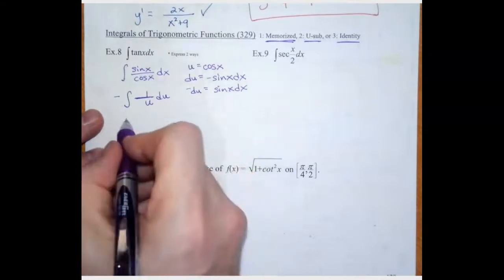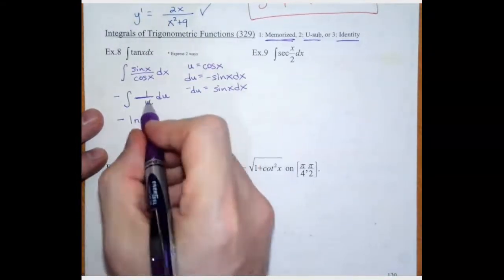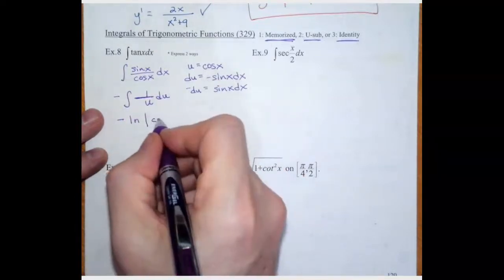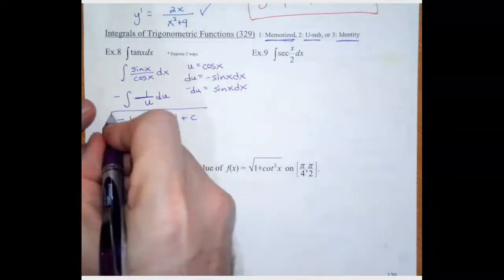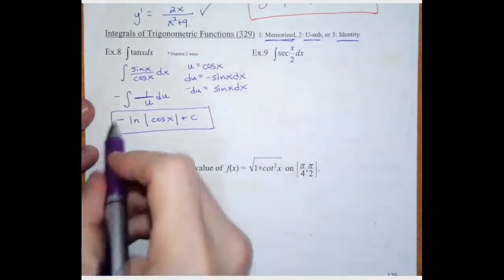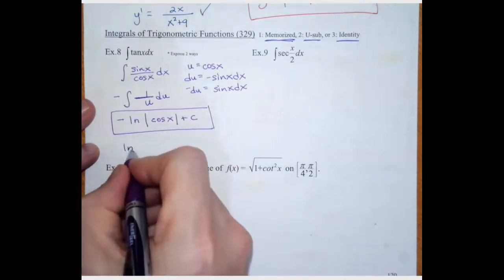Alright, so now if we integrate that, that would be the natural log. The integral of 1 over u is the natural log of u, which was the cosine of x, plus c. Now, the directions say to express that two different ways. Using the properties of logarithms, we could take that in as a negative exponent.